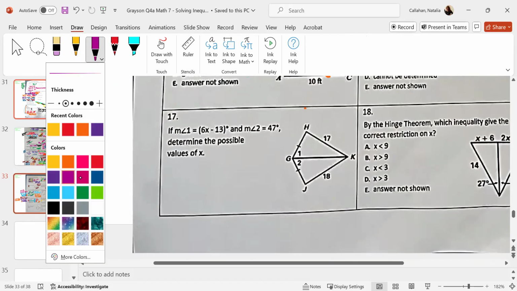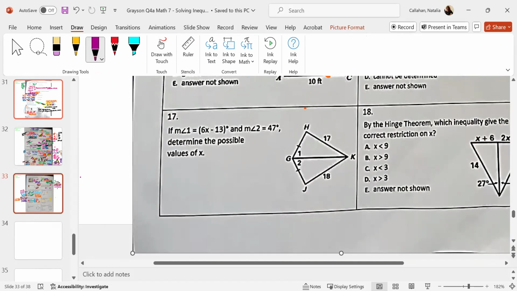Number 17. Go ahead and read. If the measure of angle 1, parentheses 6x minus 13 parentheses, and the measure of angle 2 equals 47 degrees, determine the possible values of x. Okay. What's the opposite side of 6x minus 13? 17.